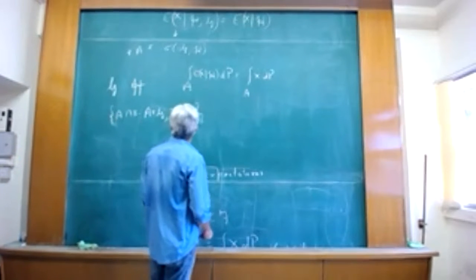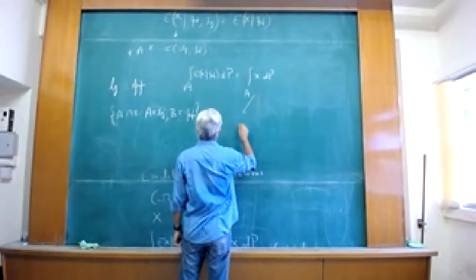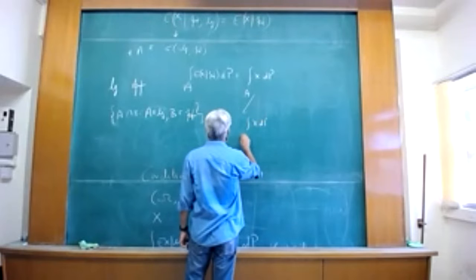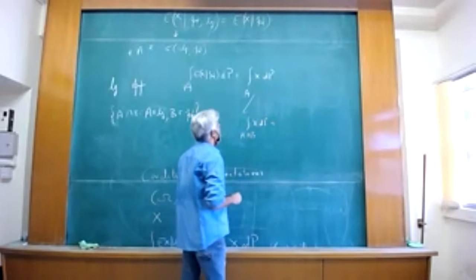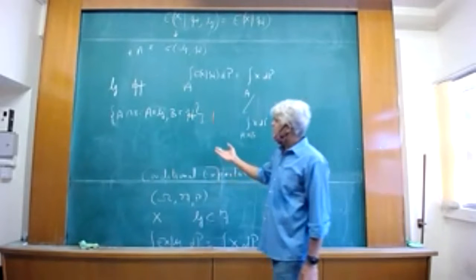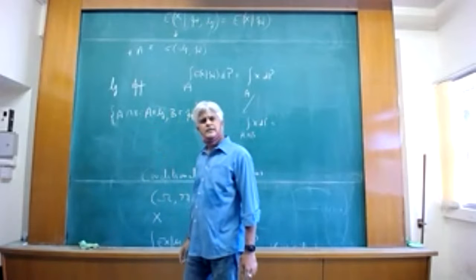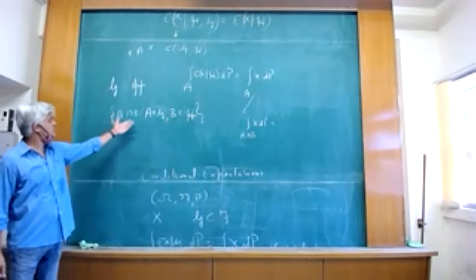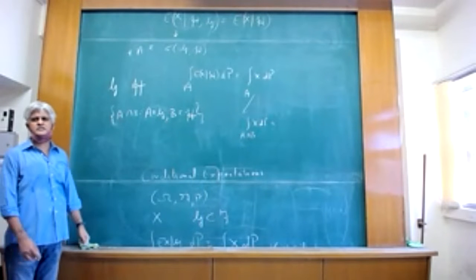So let's look at this set, for example, A intersection B. This set is well defined, right? I just take A in G and B in H, and I'm just collecting all the sets A intersection B. It's a pi system.